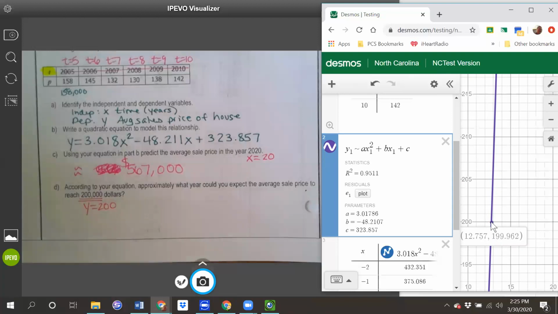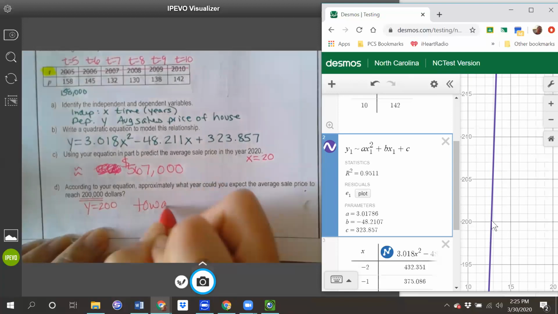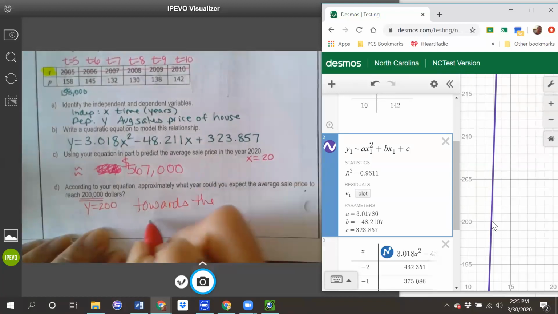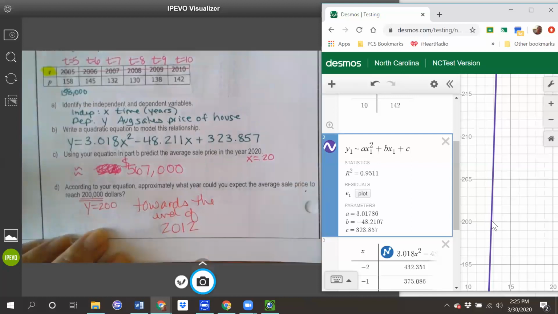So 12.75. So that means that somewhere in 2012, 0.75 actually means towards the end, right? So this is going to be towards the end of 2012. So not quite 2013, because it was 12.75.